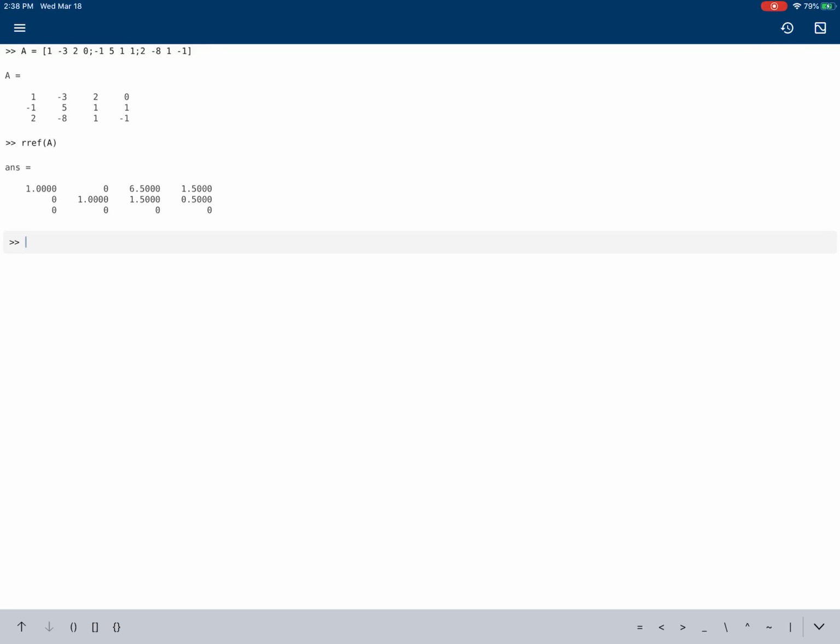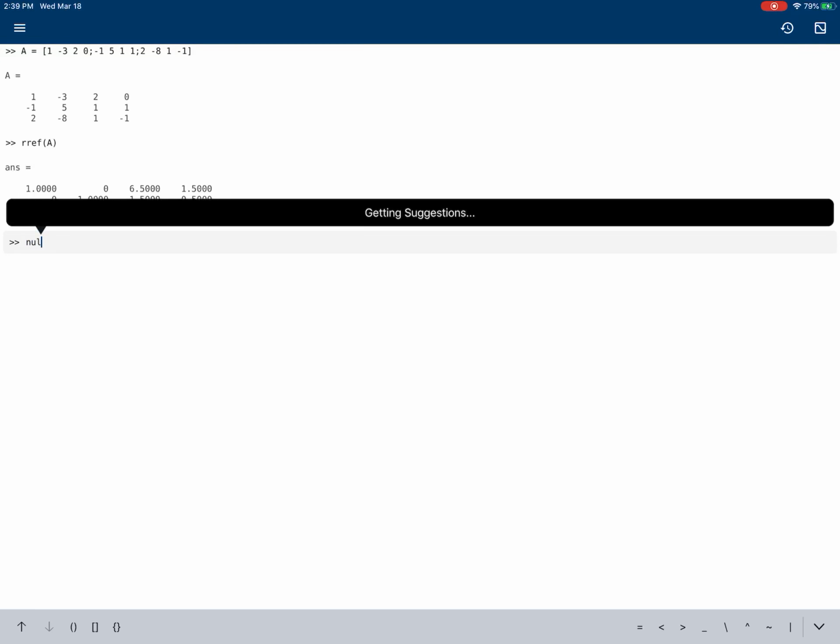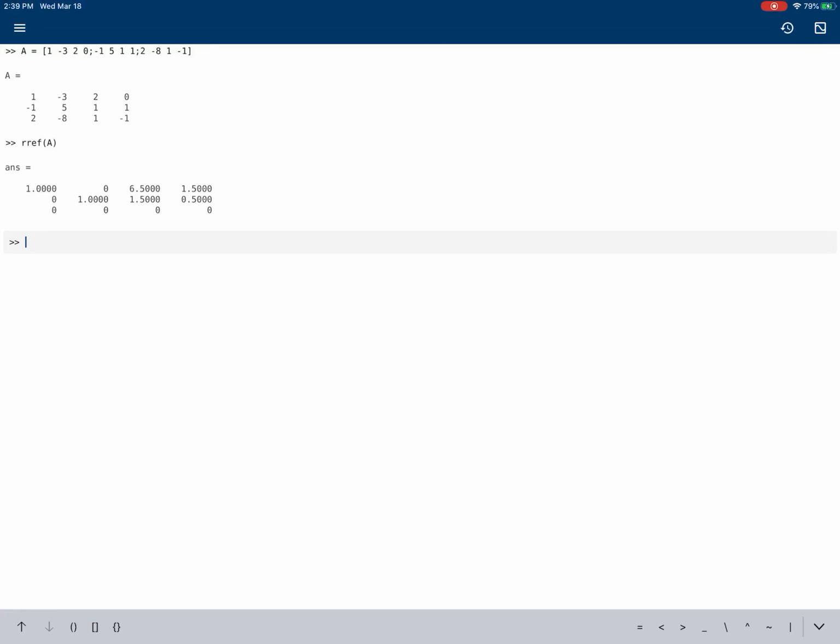And what I want to point out here is that this guy is going to have a null space. We could have seen that just by saying there are 4 columns in this matrix and the columns are only 3-dimensional vectors. So I have more elements than I have dimension in R3, so I definitely have a non-trivial kernel for this matrix.